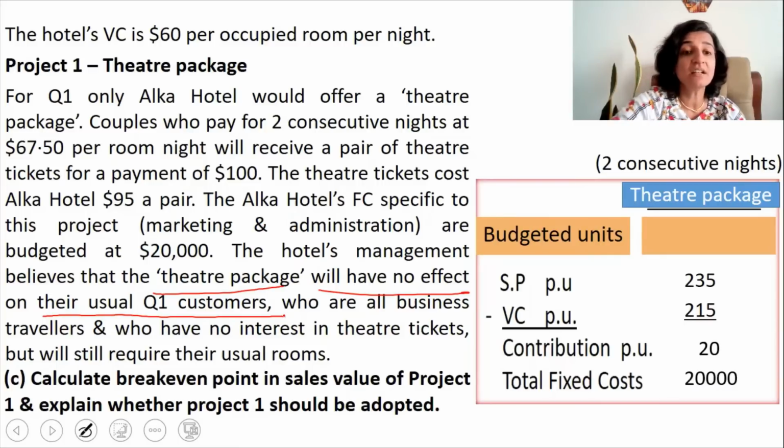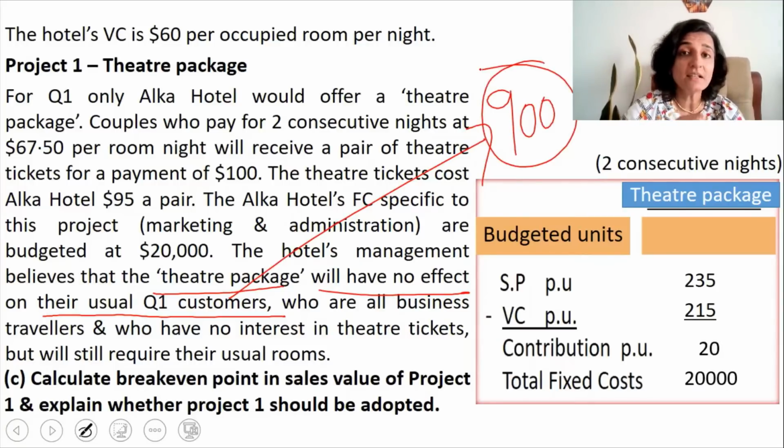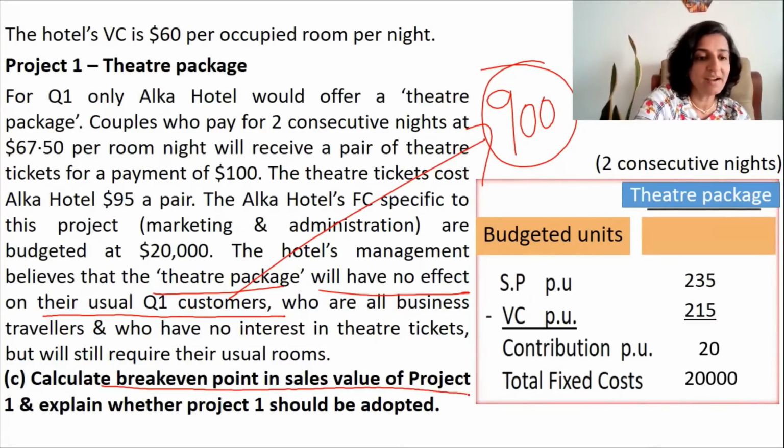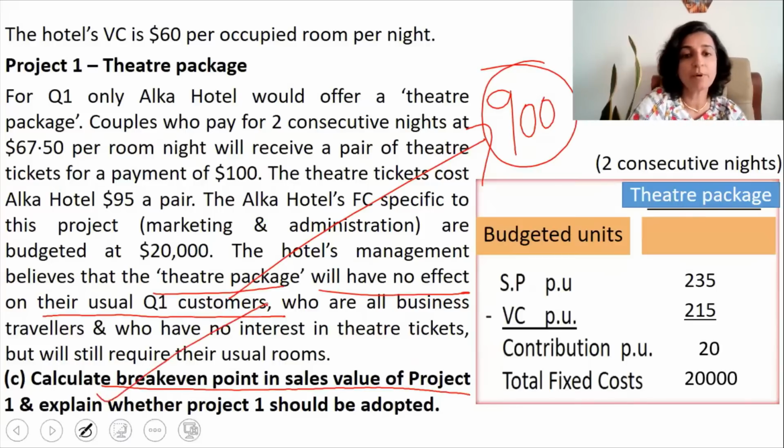It was mentioned earlier in the question that Q1 customers are 900 people. So what they are saying is these 900 visitors will definitely come, which means that we have to reserve room for 900 people.